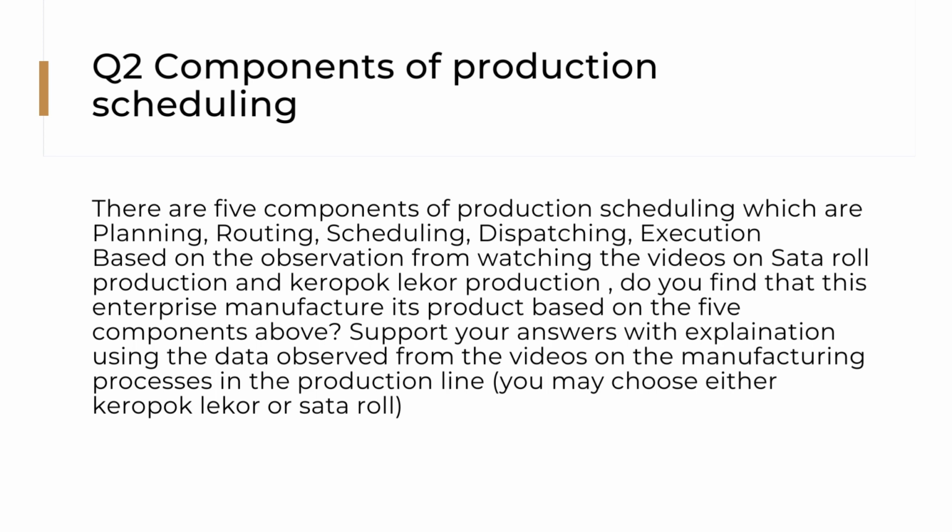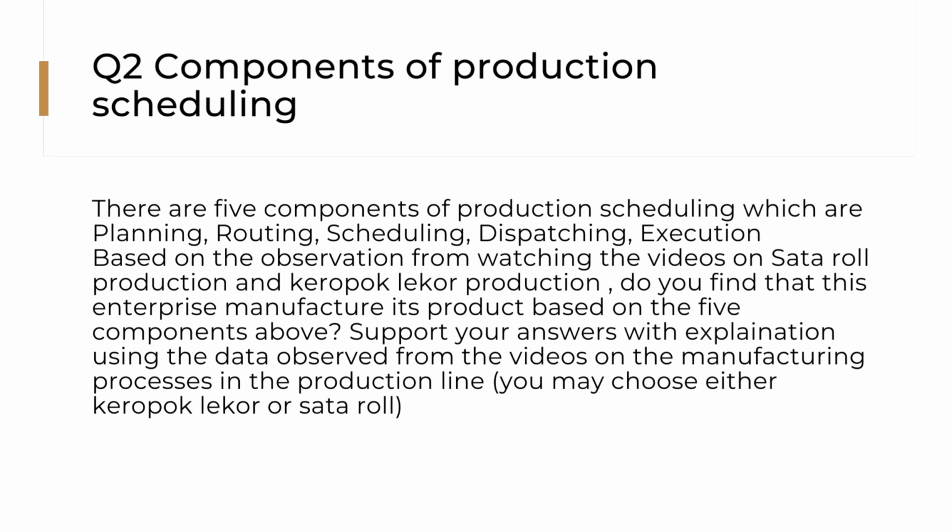If you could see any of these elements, you should be able to point it out. You don't have to do both products, you can choose either. So you can choose either keropok leko only or sata roll only for answering this question.